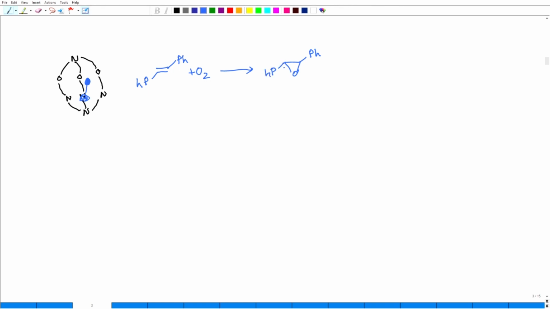Okay. What is the yield? Yield is quantitative. So, almost quantitative yield you can get.